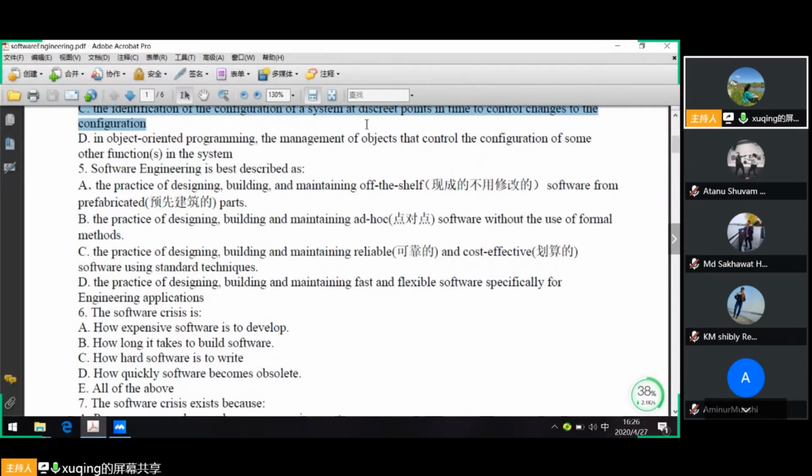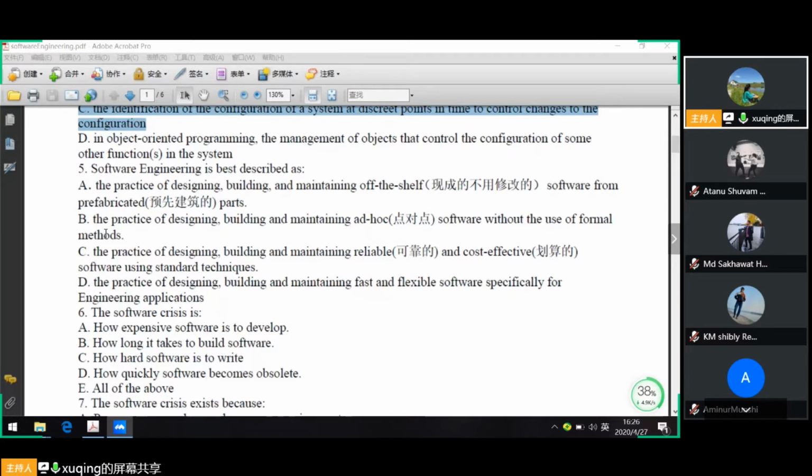Among these 4 options, we should analyze them as well. In software engineering, in most cases we need to build the system by ourselves, not off-the-shelf software.